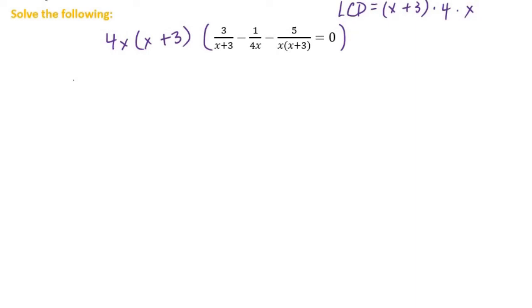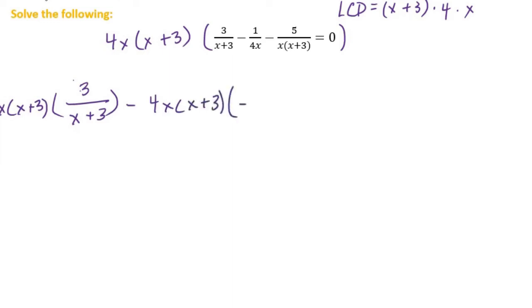And here we go. 3 over x plus 3, the first term, is multiplied by 4x times x plus 3. Take 4x times x plus 3, and make sure I also multiply that by the second term. And lastly, by the third term.